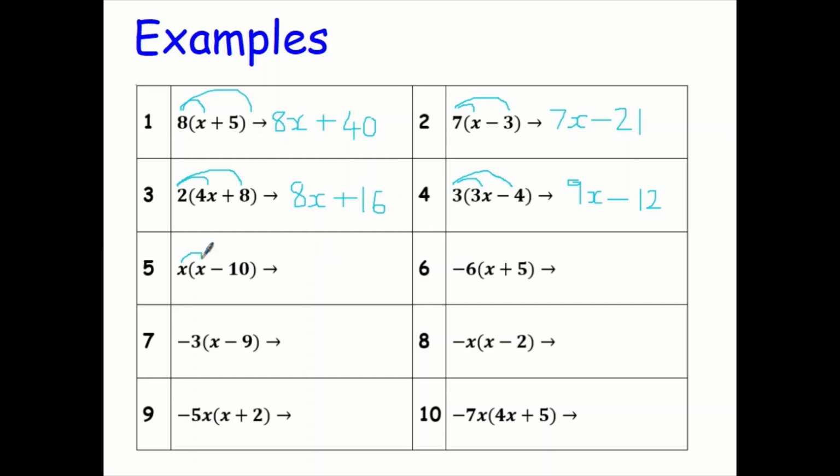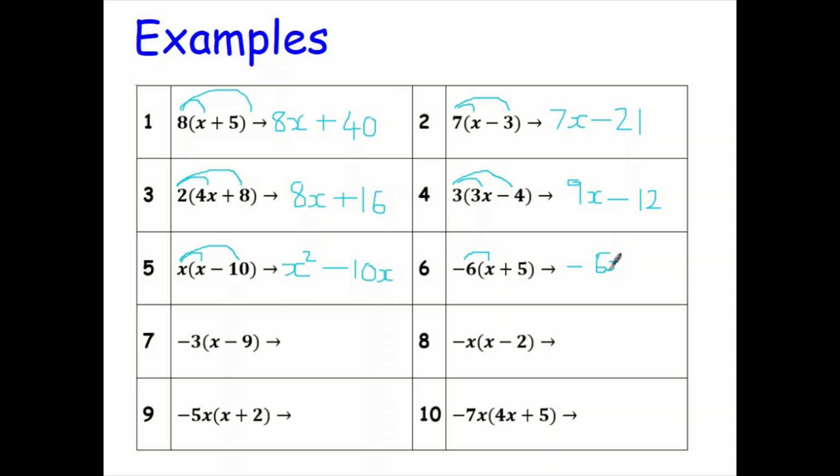x multiplied by x, x squared, not 2x, x squared. x multiplied by minus 10 is minus 10x. Minus 6 multiplied by x is minus 6x.